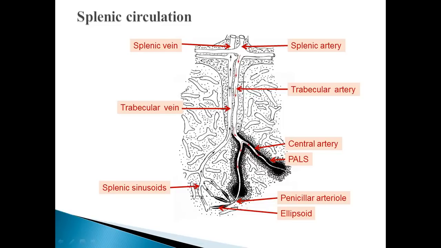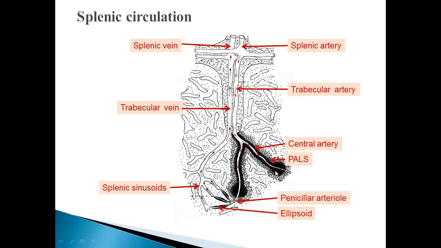Here it is surrounded by lymphatic aggregation. So the artery which is surrounded by this lymphatic aggregation forms the white pulp of the spleen. Here it is now known as the central artery, but it is not centrally placed. It is eccentrically placed. Now this central artery will go on branching and form the penicillar artery.